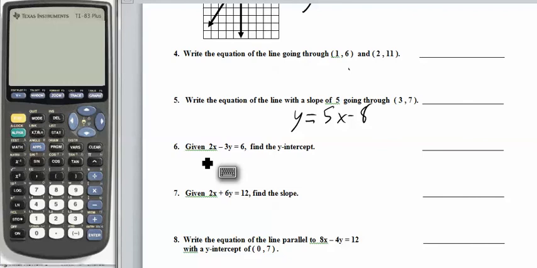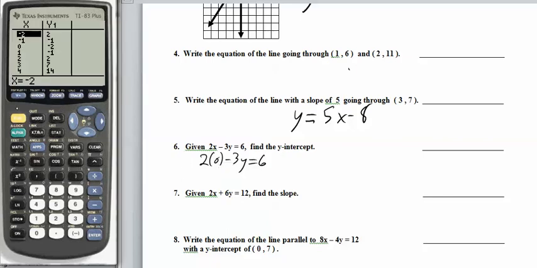So what you do on this is go 2 times 0 minus 3y equals 6, and then either solve that out or put this in y1. Remember again that the calculator doesn't understand y, so you've got to put an x.